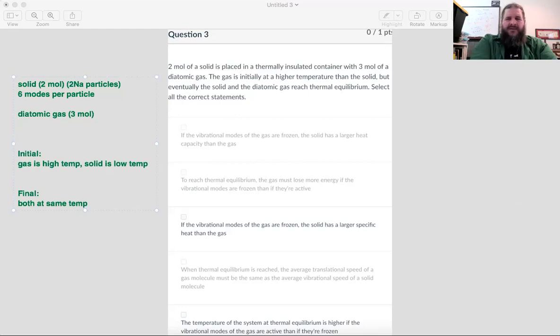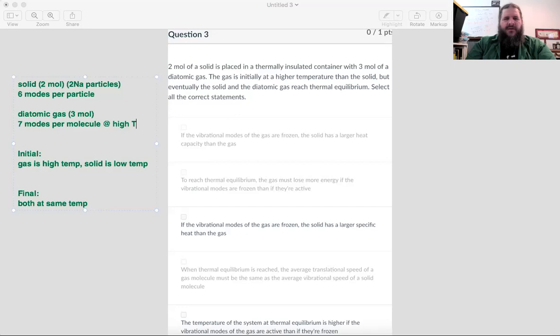What about for the diatomic gas? Could be 7 modes per particle per molecule. Under what circumstances would we expect 7? A high temperature. Right. At a high temperature, we'd expect all 7 modes to be active.